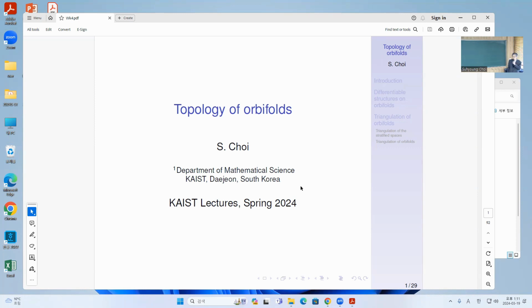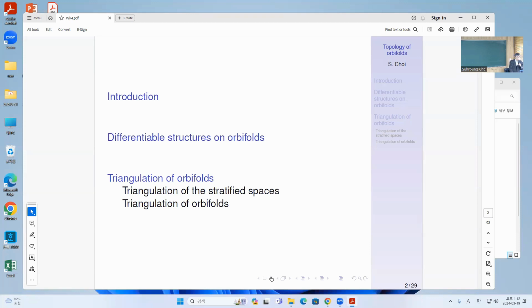Okay, so this week we'll do the topology of orbifolds here. So basically, we do some introduction, covering the differentiable structures on orbifolds and the triangulation of orbifolds.